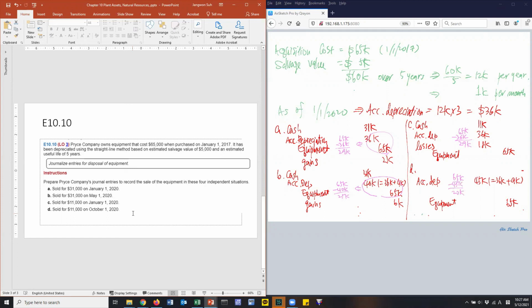And how much did you receive? 11? Oh man. How much are you unhappy? The difference between 20 and 11, which is 9K unhappy. We are losses. Again, the sum of 11 plus 45 plus 9 is 65, so we are good.